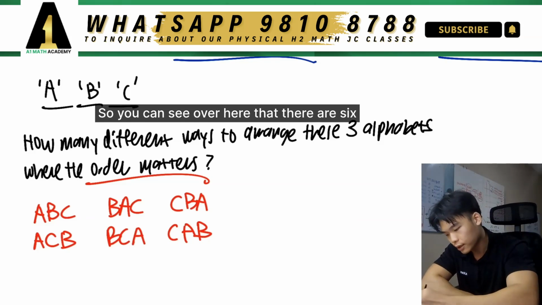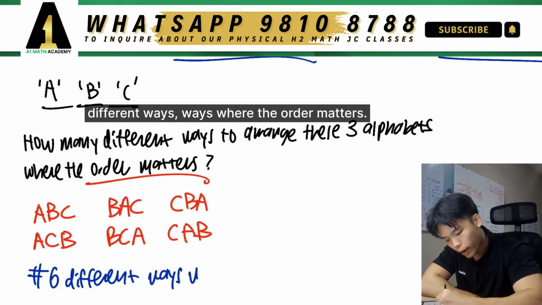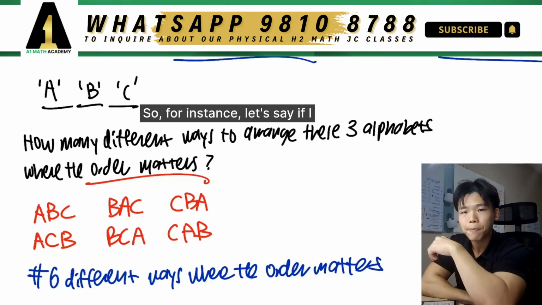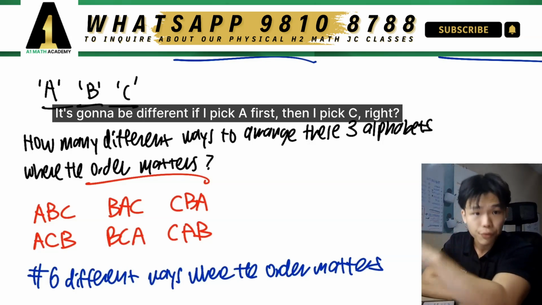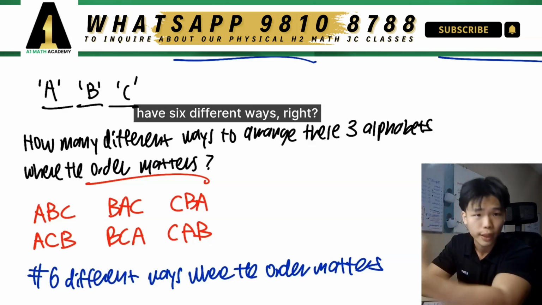So you can see that there are 6 different ways where the order matters. For instance, if I pick A first, then I pick B, it's going to be different if I pick A first, then I pick C. So where the order matters, we have 6 different ways.